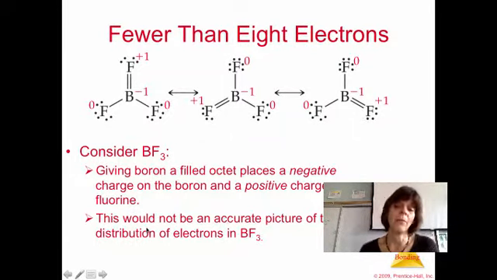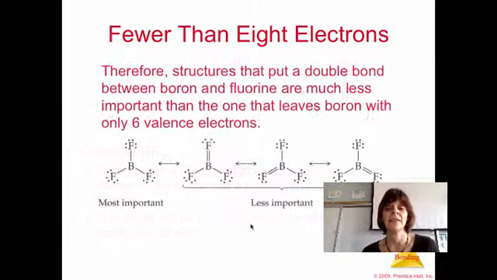But anyway, boron is an exception, and boron tends to be happy with 6 valence electrons rather than 8. So hydrogen and boron are examples where you can get structures with fewer than 8 electrons and be a fairly stable molecule.